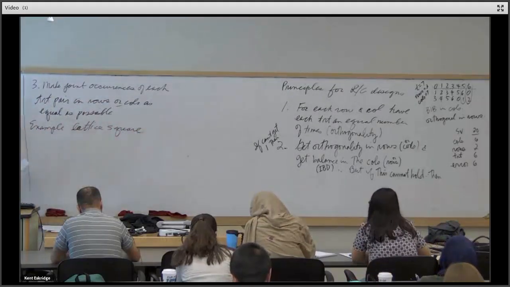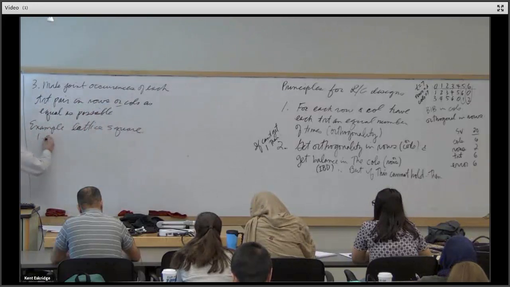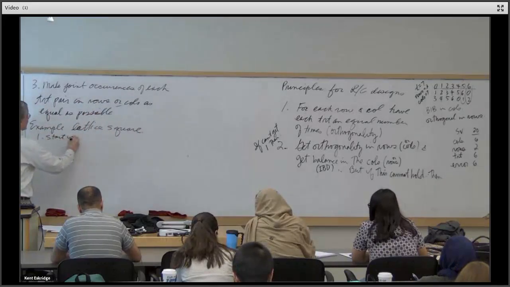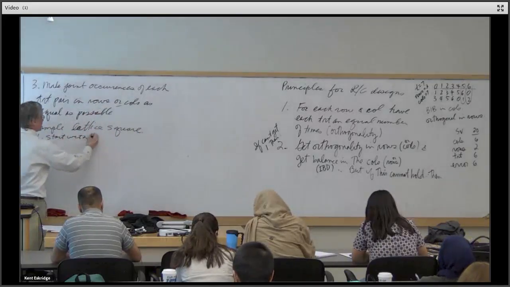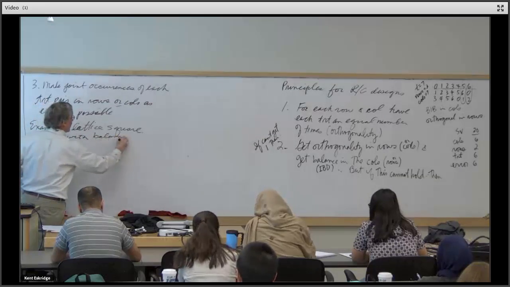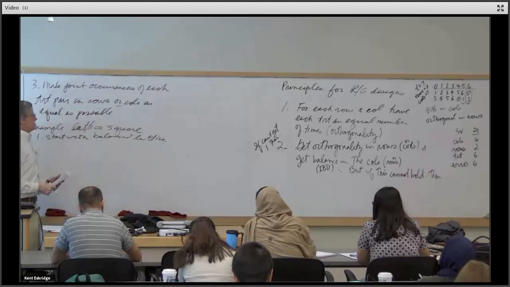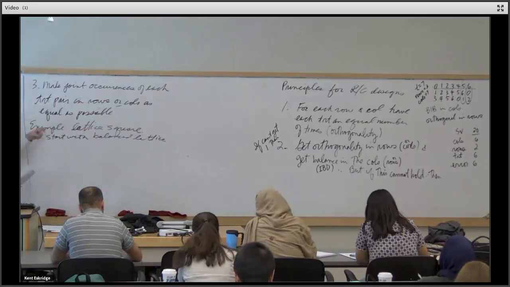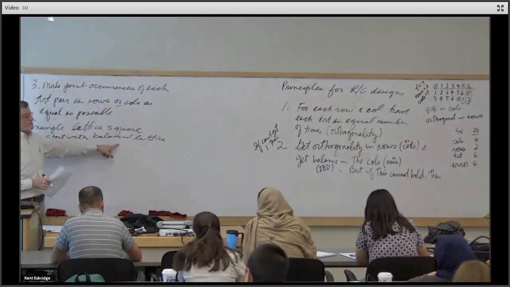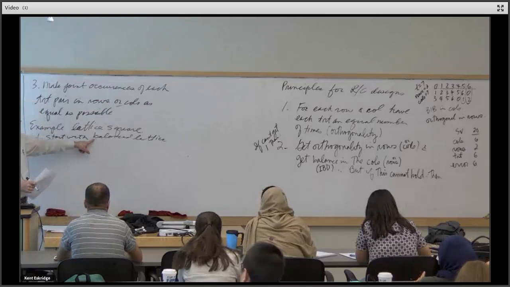Okay, in a lattice square, what I do is I start with a balanced lattice, which we know how to get, right? Actually, this is related to confounded factorials, right? We use confounded factorial ideas to get this, right?